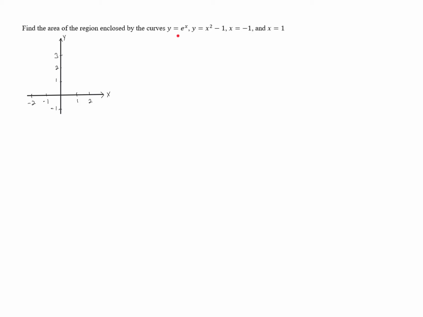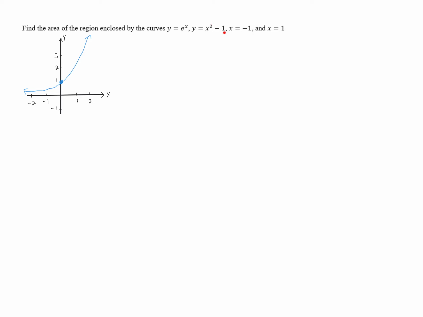For y equals e to the x, we know e to the 0 is 1, and we know this is an exponential function that's increasing as we go to the right, and then decreasing as we go to the left, asymptotically approaching the x-axis.